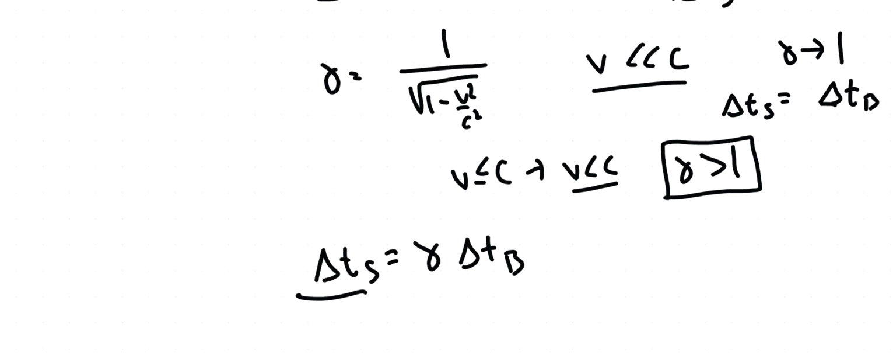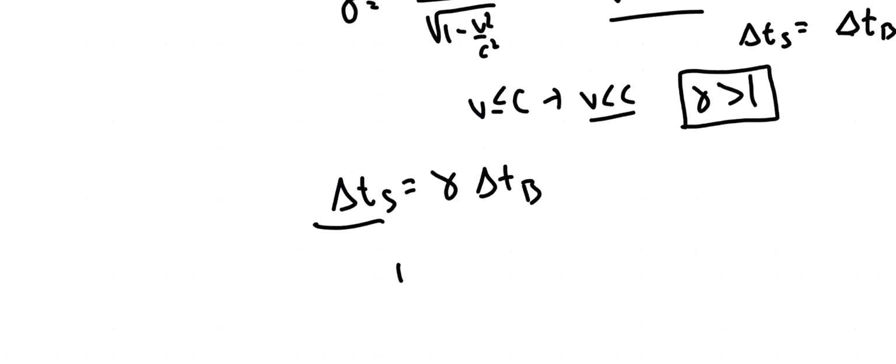The point is, if you have two persons who are twins, and one of them flies away on a spaceship, then time will pass more slowly for that person, and the person who's staying on the ground will age more in a given time interval.